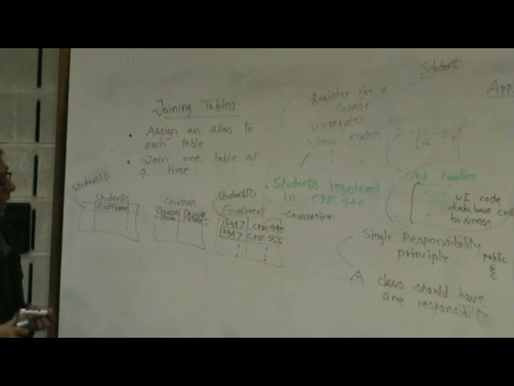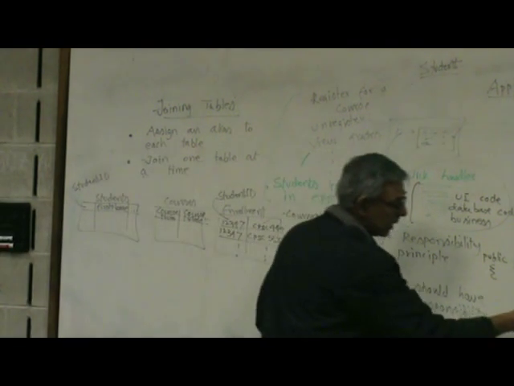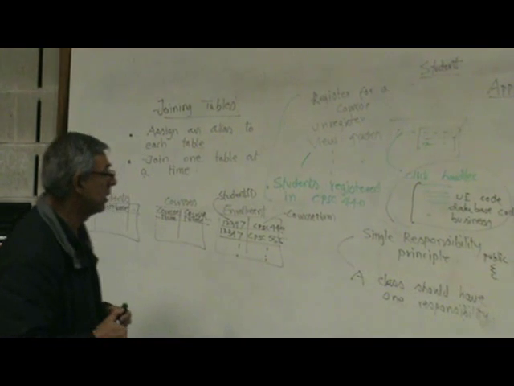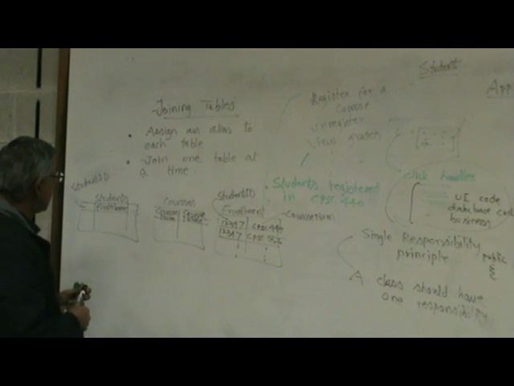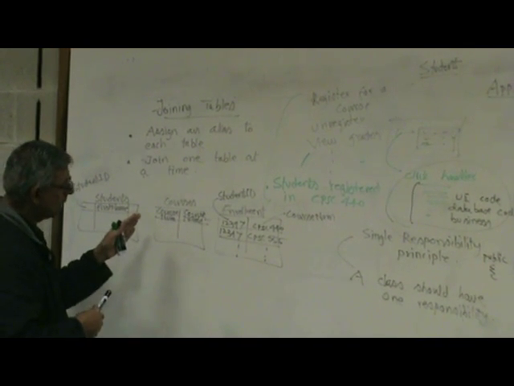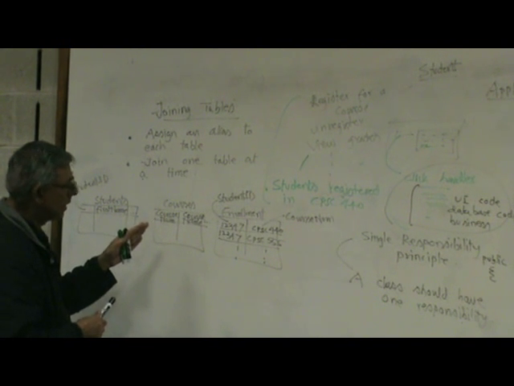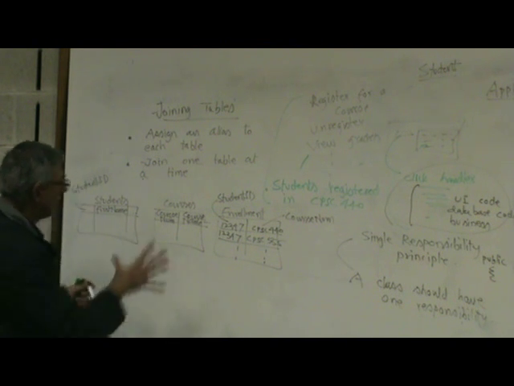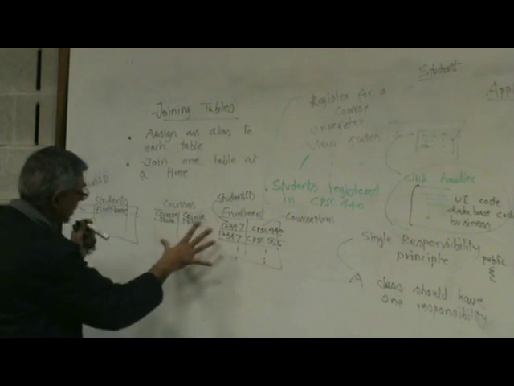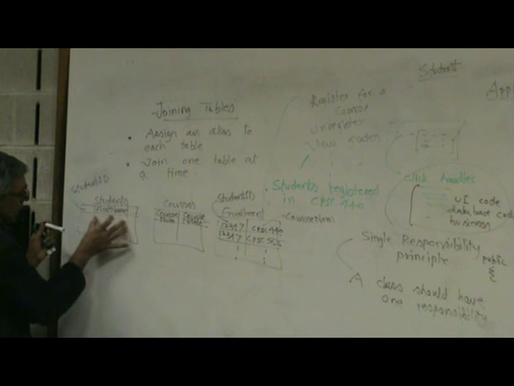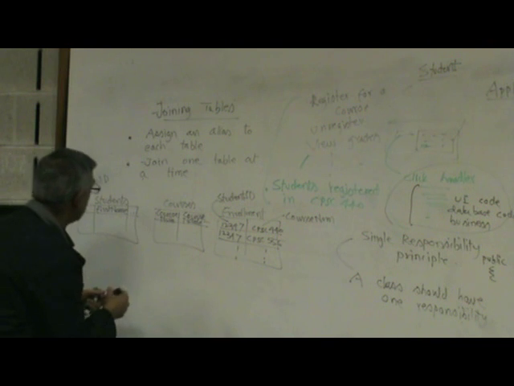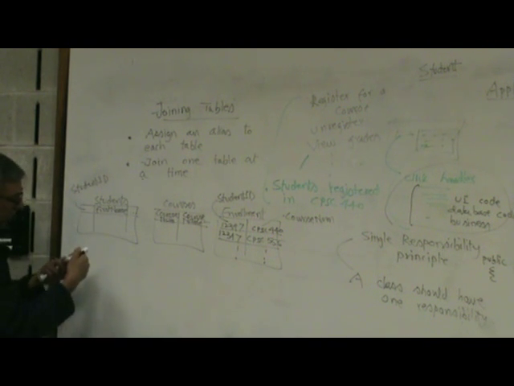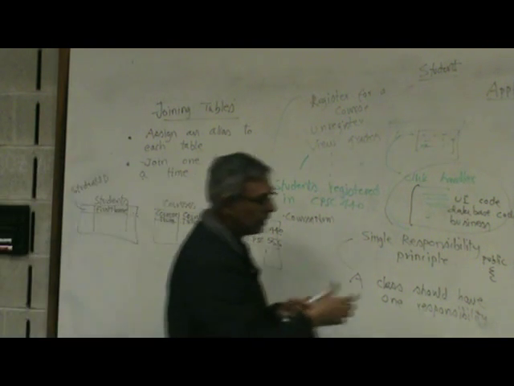Okay, so now let's pretend the list of students that we wanted to return from here, first let's just try to return the student ID, the first name, the last name, just the three things, right? So what will our SQL look like over here?